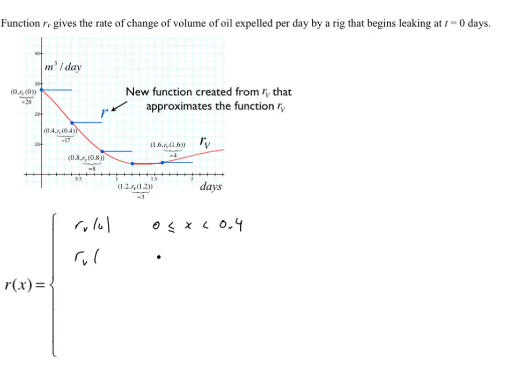Okay, and then R sub v of, actually last time I said equal, anyway, so R sub v of what? In the next interval is from 0.4 to, sorry, is this 0.5? Sorry, 0.5. No, it's 0.4. You're right, sorry. So from 0.4 to 0.8. And so actually last time I put the equal here. Should it be on the left or on the right?